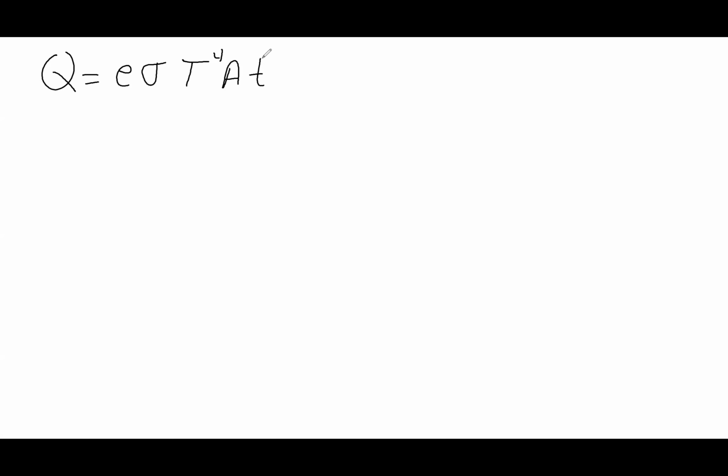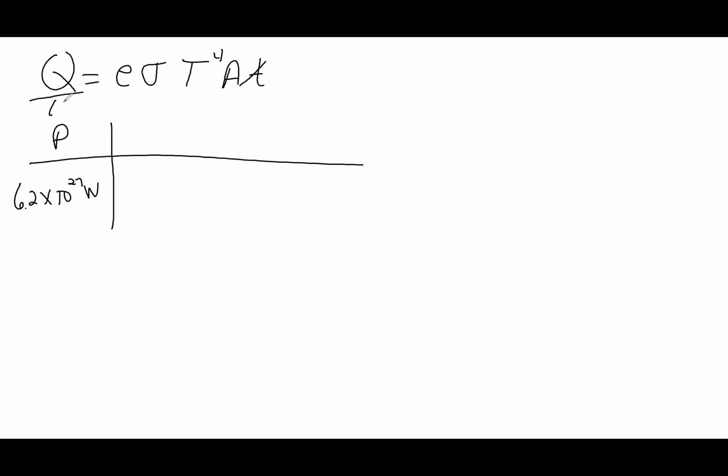Now, it says that the power irradiated by a distant star. So they gave us the power. And that is 6.2 times 10 to the 27 watts. So already we see that we have what? Q over T, because Q over T is watts. So this T is over here now. And that's what's given. Q over T. That's power. That's what's given.